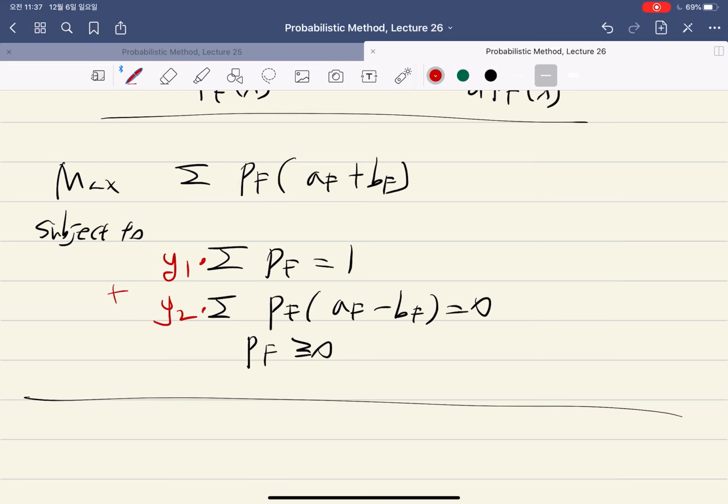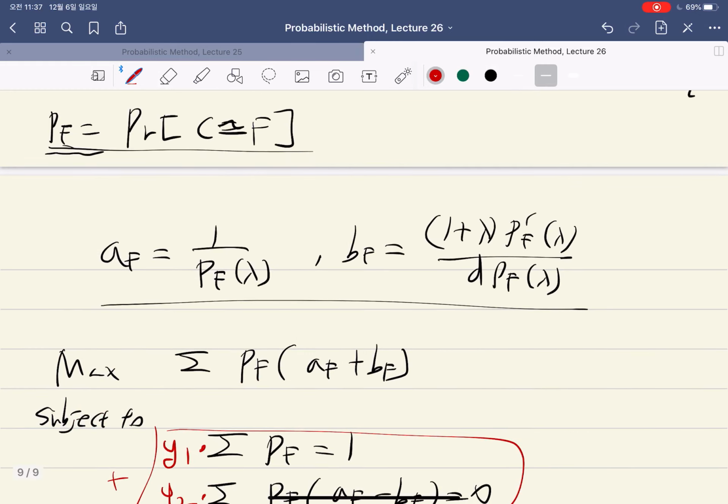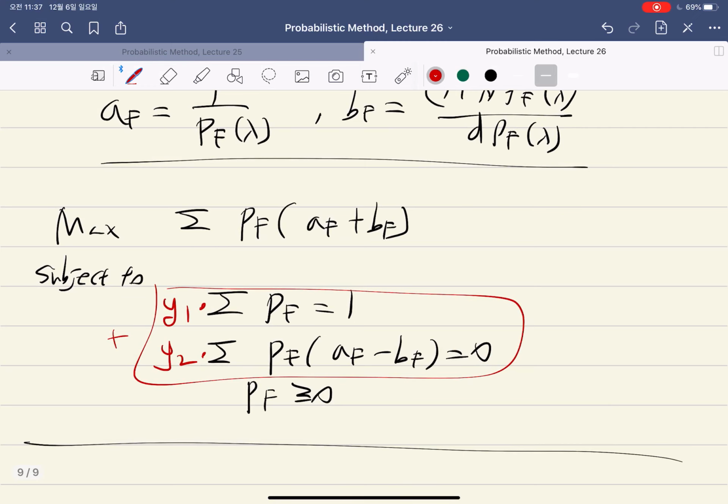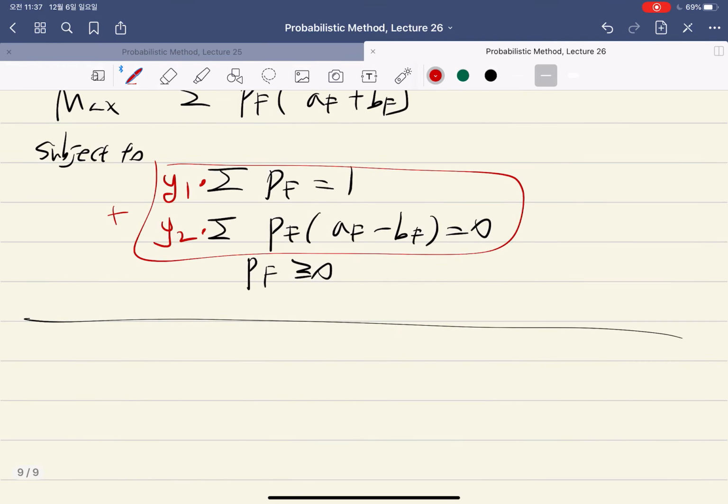And then you want every coefficient here, you multiply that, add them, then what do you get?